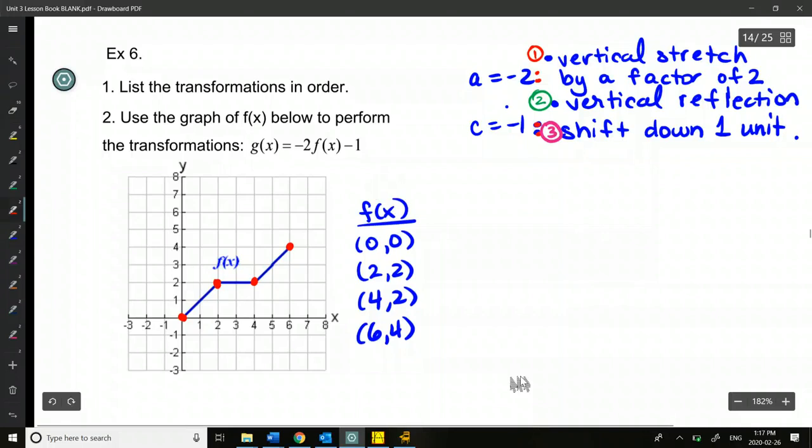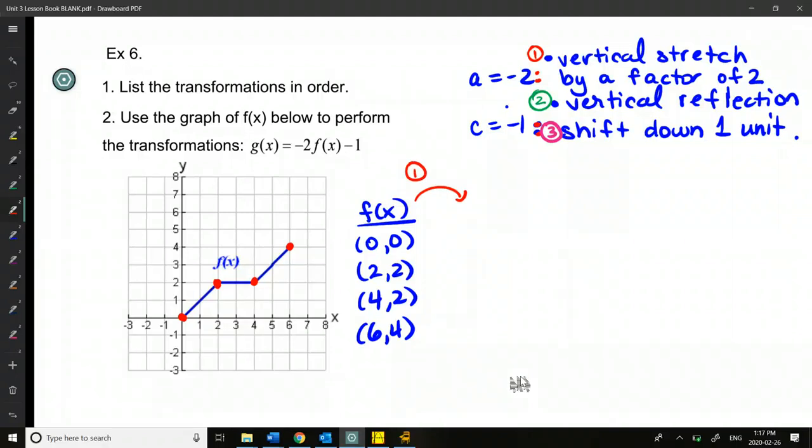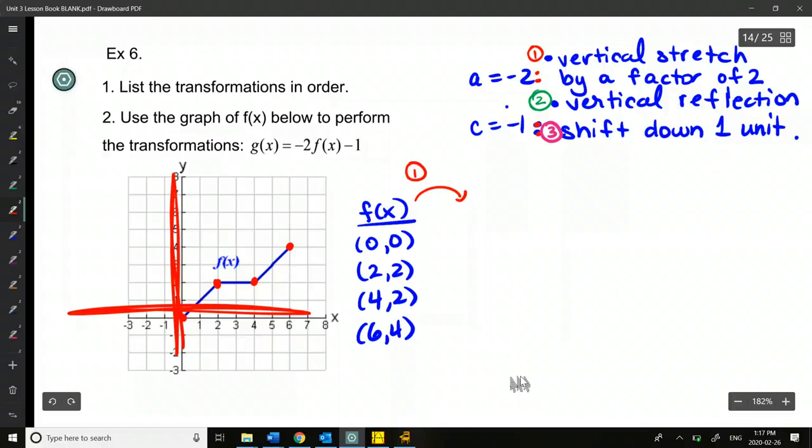So when we stretch by a vertical factor of 2, is vertical a change to the y coordinates of the function or the x coordinates of a function? Which one of these is vertical and which one is horizontal? Vertical is y.